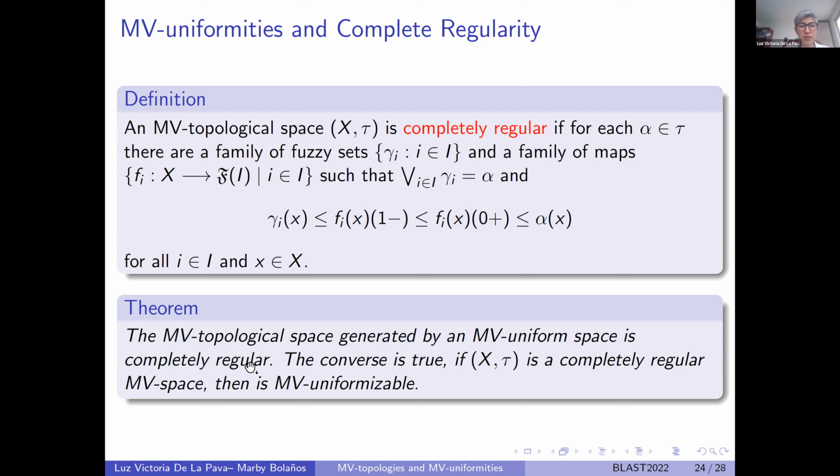And we have this result that again validates the good behavior of the theory. The MV topological space generated by an MV uniform space is completely regular, and the converse is true. If (X, tau) is completely regular, then it is MV uniformizable.